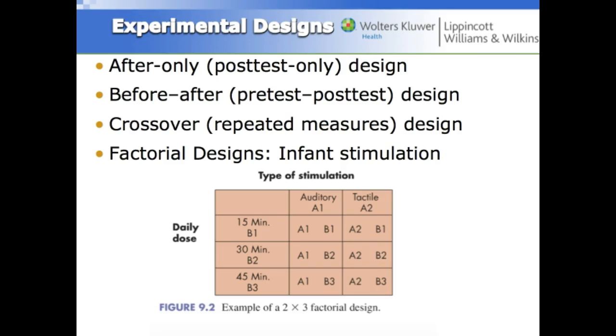So that's a factorial design, because you're looking at auditory stimulation at 15 minutes, 30 minutes, and 45 minutes in the infant participants, and then you're looking at tactile stimulation at 15 minutes, 30 minutes, and 45 minutes, so that you're getting a lot of different data coming in. And you want to be able to differentiate which responses were from auditory and which responses were from tactile. So that would be an example of that kind of design.